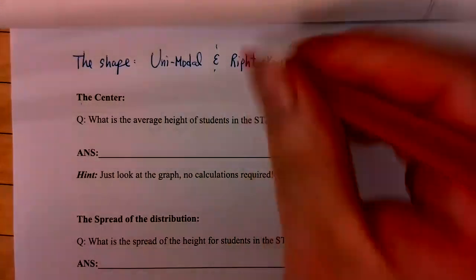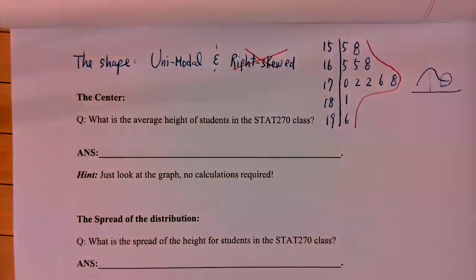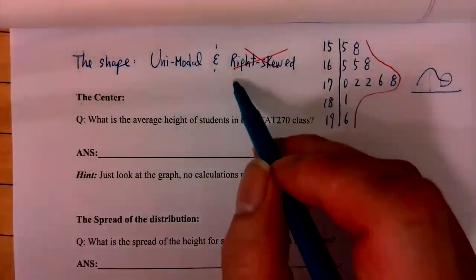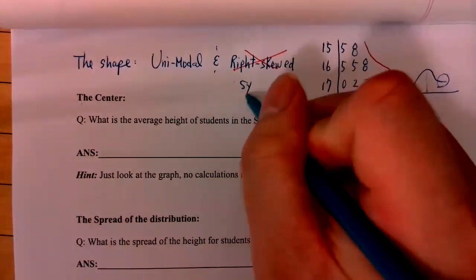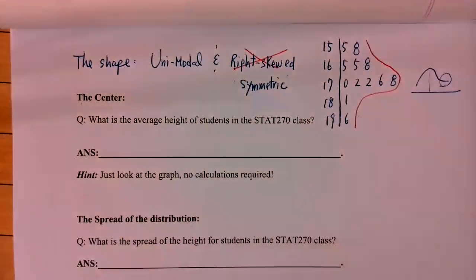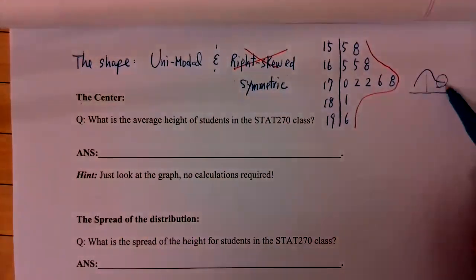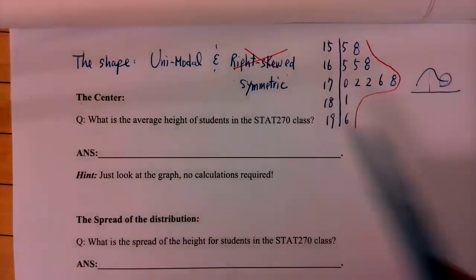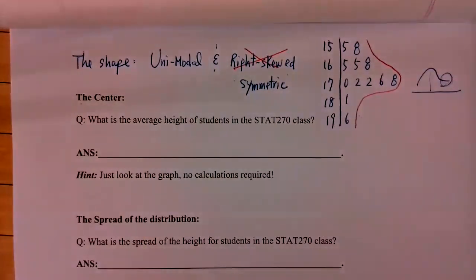You know what? This is wrong. You should not say right skew. You should say symmetric. But people always say, Scott, I do find a right tail. Why do you call this symmetric? Here is the reason.